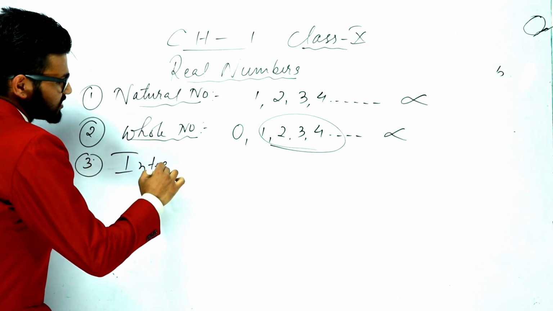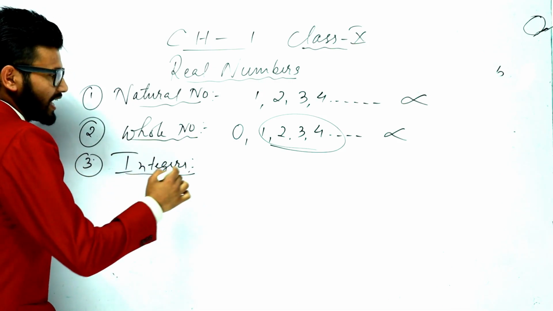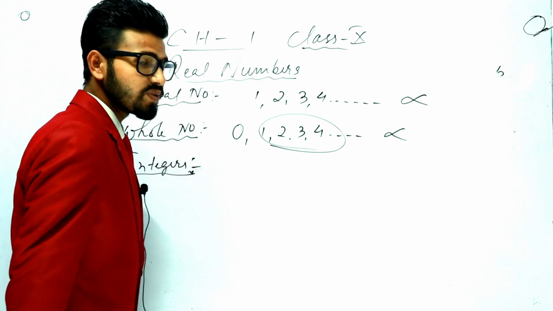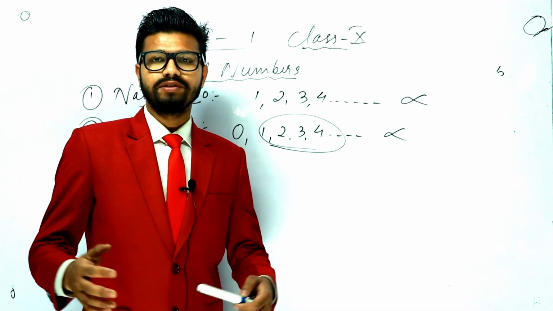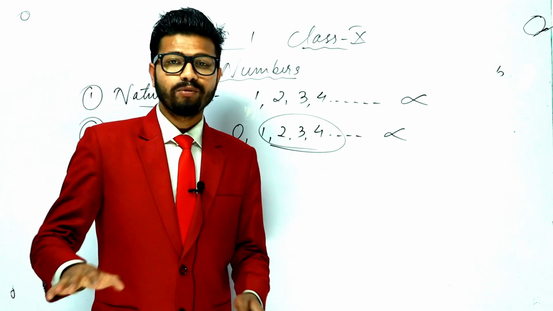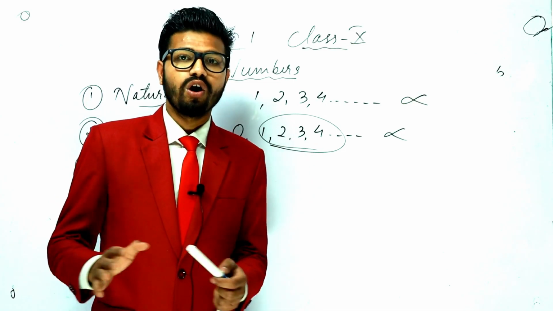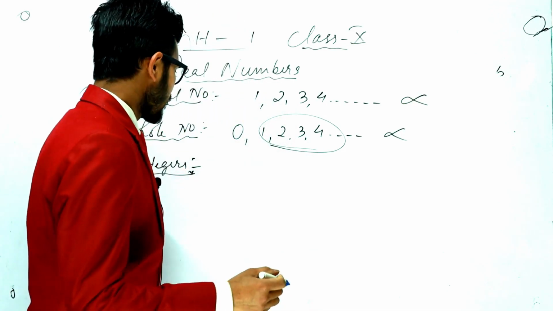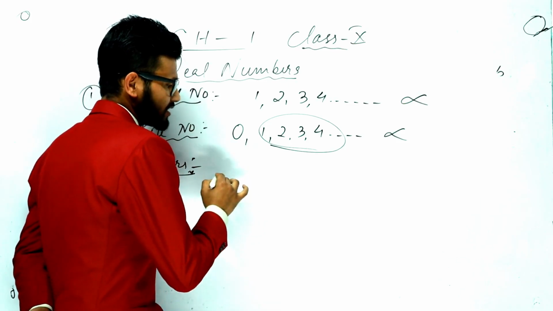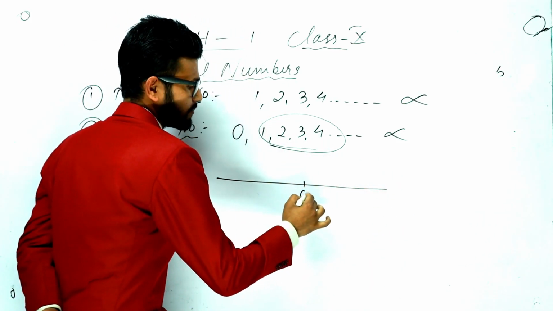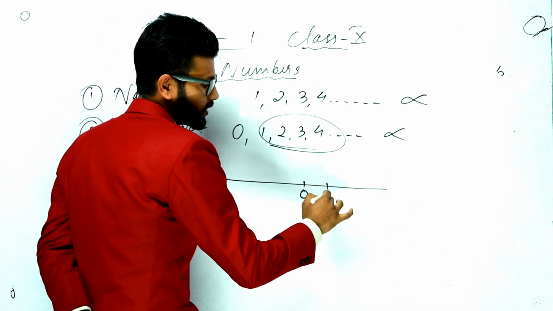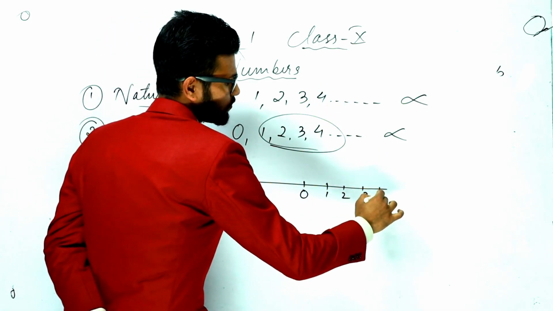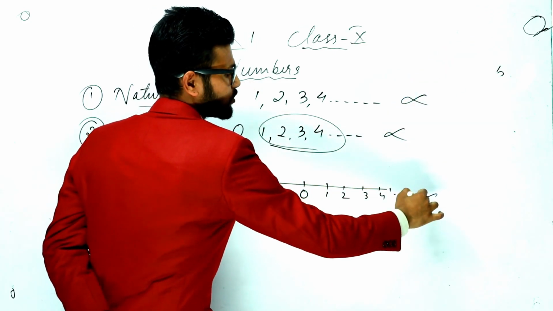Now the next term is integers. What is an integer actually? It means all the positive and negative numbers on a number line. I'm not talking about any fractions or decimal points, whole numbers only. Suppose this is a number line and the midpoint is 0. If you go to the right you get positive quantities 1, 2, 3, 4, toward positive infinity.